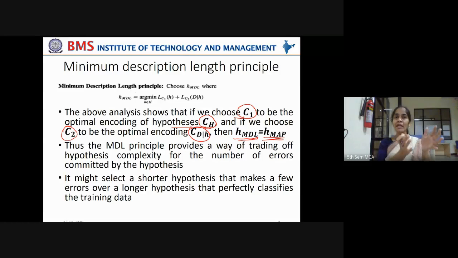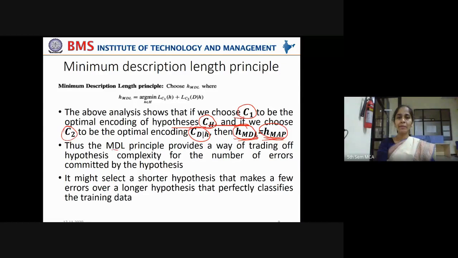Means your intention of reducing the size of the description of your hypothesis is nothing but finding out your maximum likelihood hypothesis, which is of shorter length, which is very simple to understand, very simple to implement, very simple to be noticed with most of the training examples. Okay, that is your H_MDL, which is your H_MAP. You are trying to search for something which is simple. You got that, and that is your preference as your H_MAP.